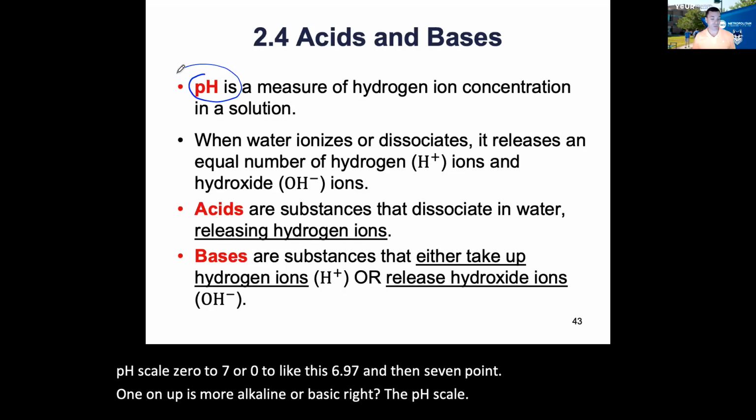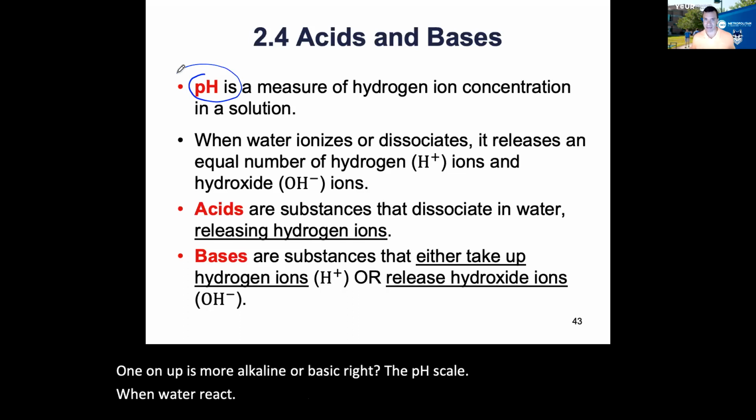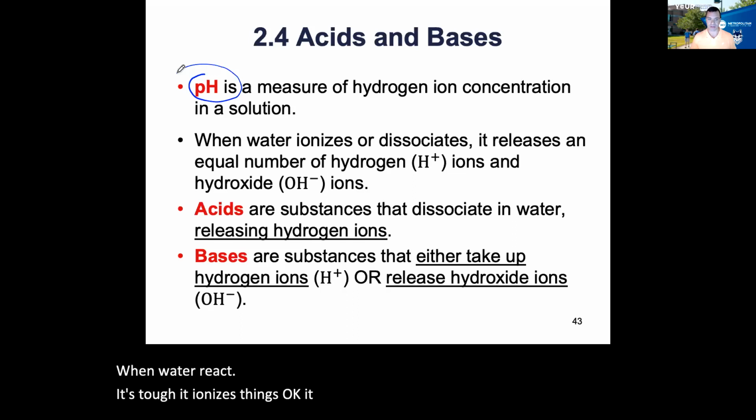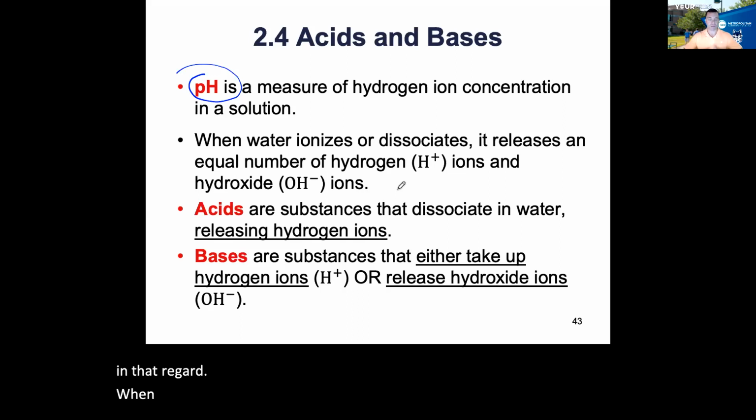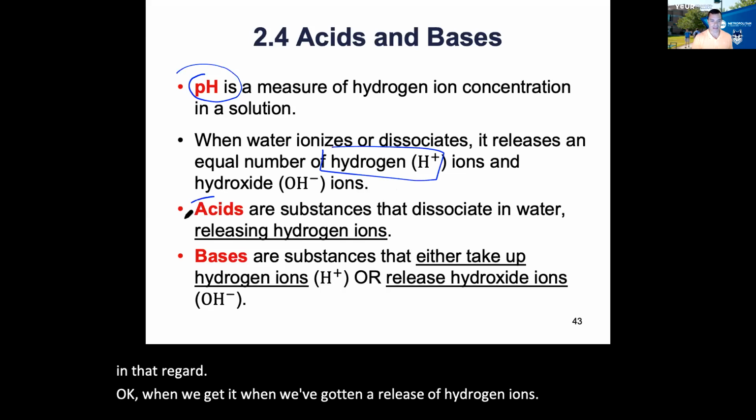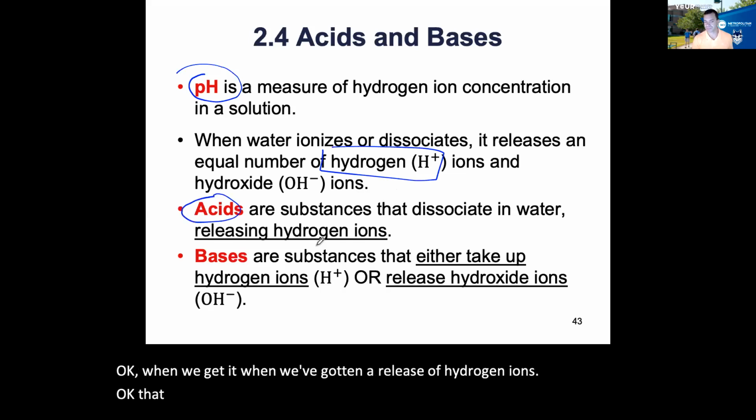When water reacts with stuff, it ionizes things, okay? It can separate ions out, and water is no different in that regard, okay? When we've gotten a release of hydrogen ions, okay, that is associated with being more acidic.